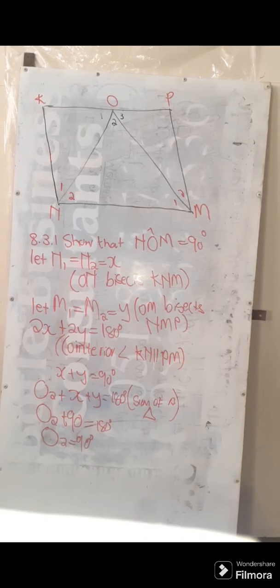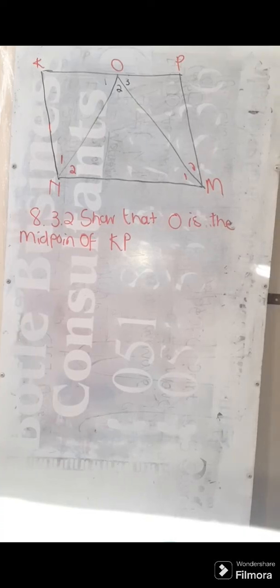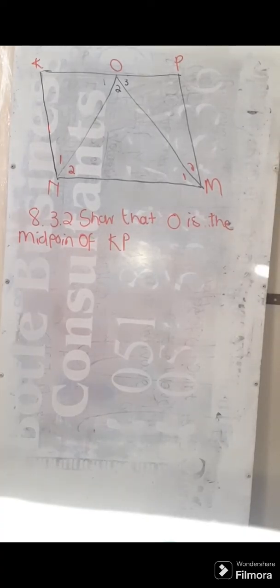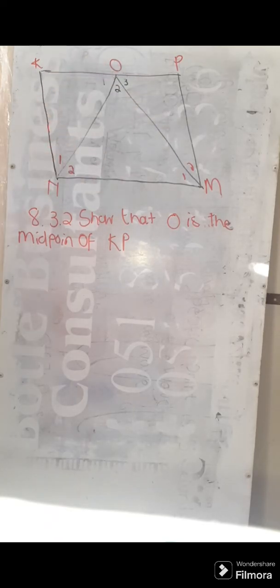Let's go to 8.3.2. All right, we're going to show that O is the midpoint of KP. This is our last question. For that, we are going to show that these sides are parallel and these ones are parallel.